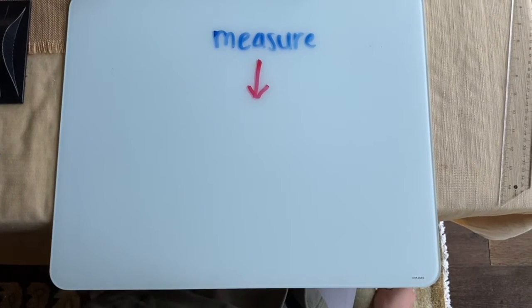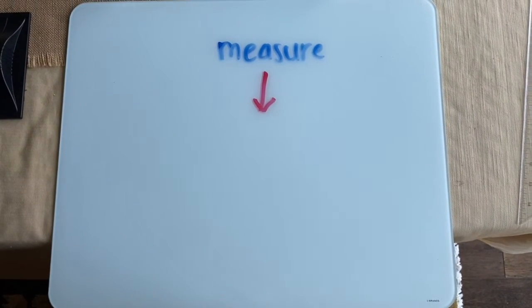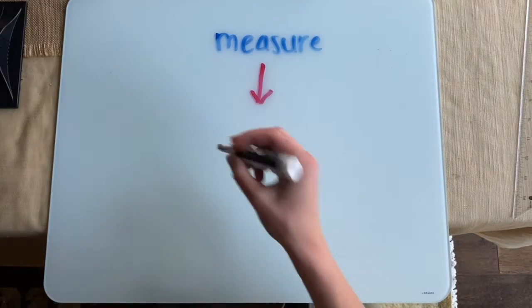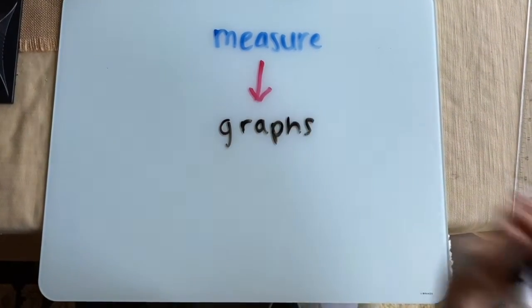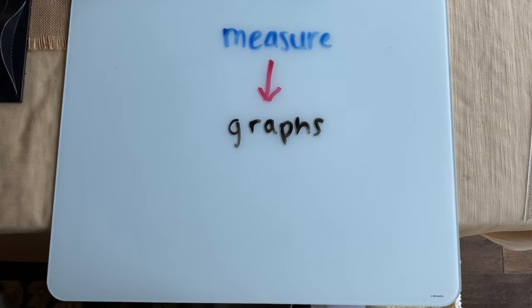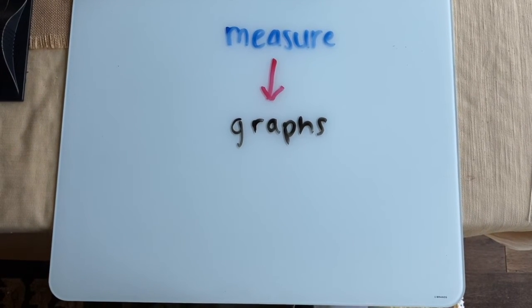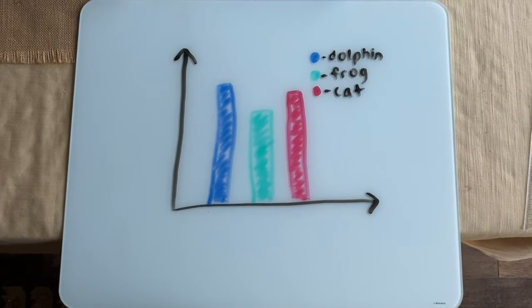Great, now that you've learned about the different ways that we can measure things, now we're going to learn about a way that we can show that information, called graphs. When we have a few measurements that we want to display in one place, we use a bar graph that shows which had the most or what was the longest, for example. Here's a problem that shows this.